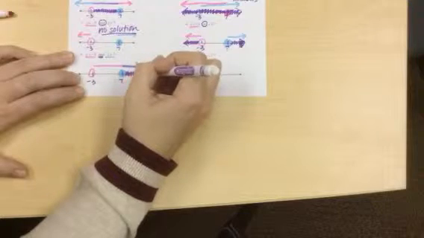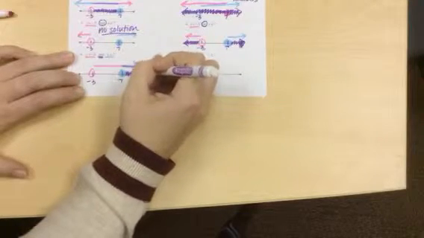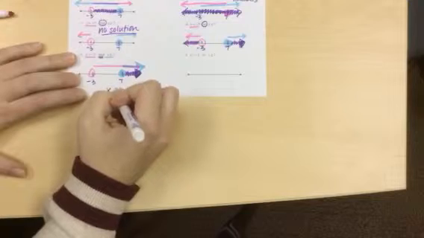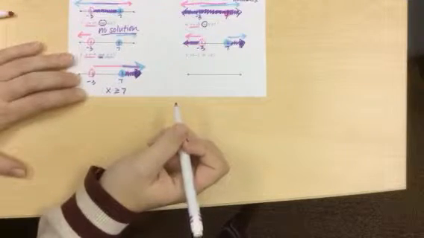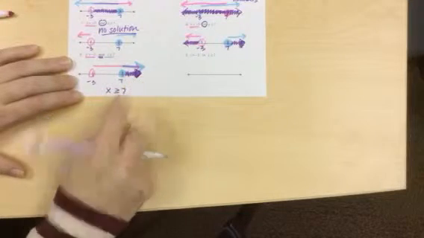Because of that and, I need both to be satisfied, both to be true, and the only time that happens is to the right. So because that's the only section that works, we can also rewrite that as x is greater than or equal to 7. Because I want both of them to be true, and that's where I shaded. All those values greater than 7 work.